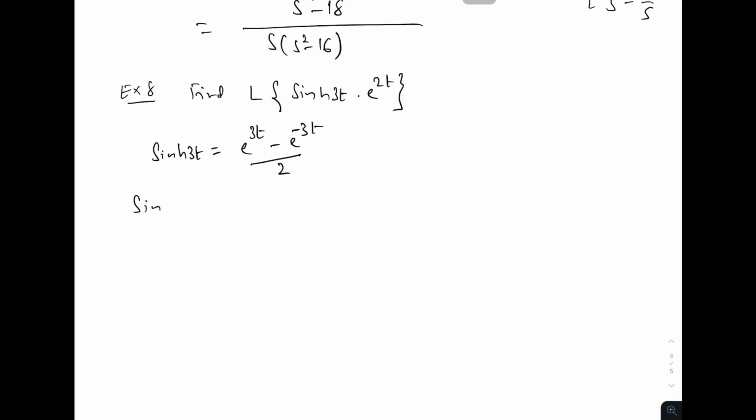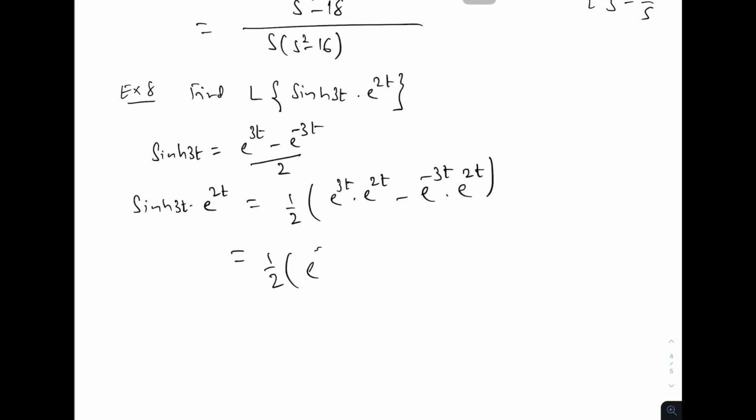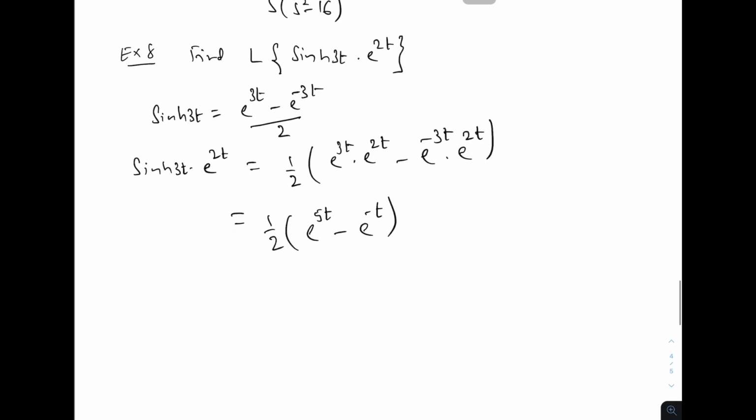And so sine hyperbolic 3t into e power 2t equal to 1 by 2 (e power 3t into e power 2t minus e power minus 3t into e power 2t), and so this is 1 by 2 (e power 5t minus e power minus t). So that is the simplification of sine hyperbolic 3t e power 2t.